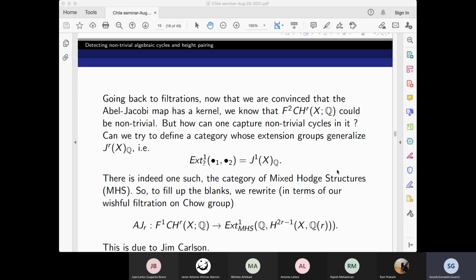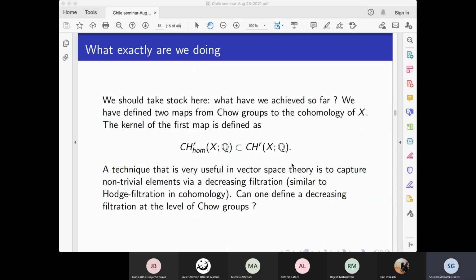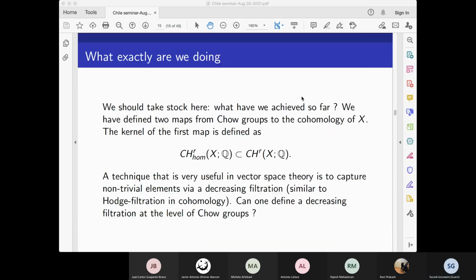Again, the mixed Hodge structures come into the picture, and that's indeed the group which generalizes the Jacobian, in the sense that if you take Ext^1 in the category of mixed Hodge structures of Q by this particular cohomology group, H^(2r-1), this is indeed isomorphic to J^r, the Griffiths intermediate Jacobian.